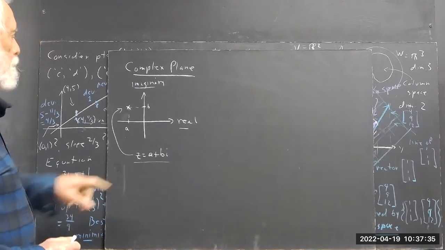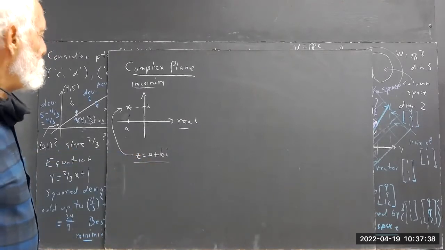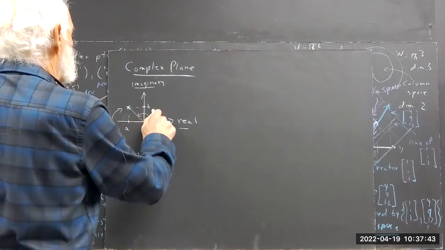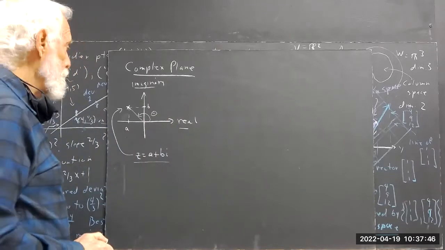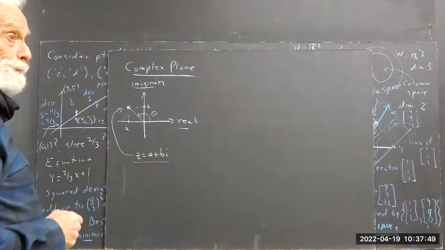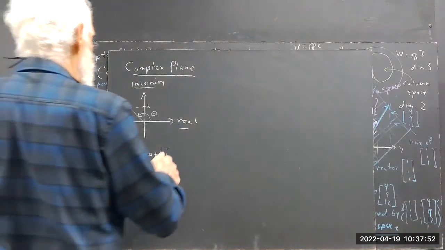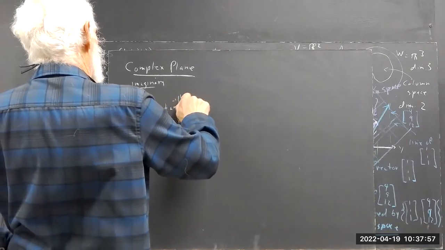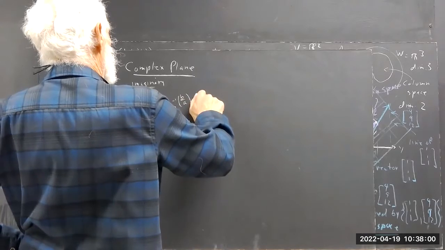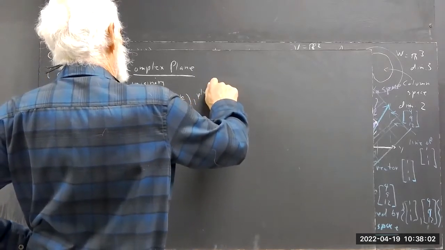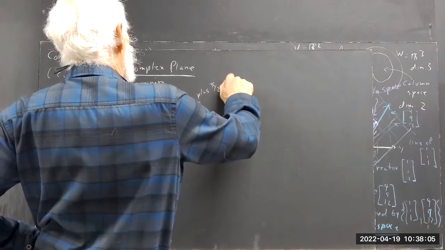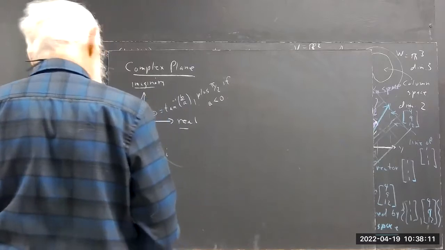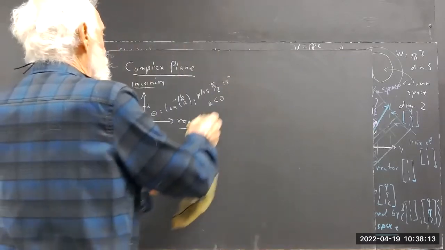Okay. So, you've got Z equals A plus Bi. You've got an angle, which is basically the arctangent of B over A. And I don't know why I said pi over 2 plus pi.